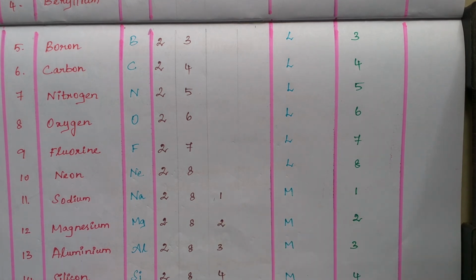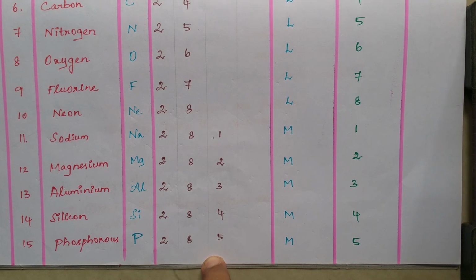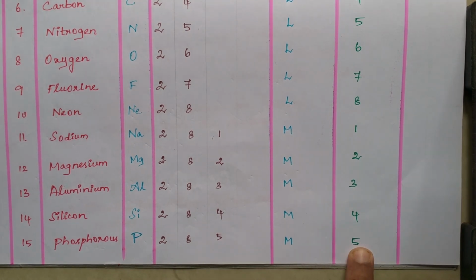Like that you have to write. Here one thing, everywhere 8 is the important term, that is octet. Whenever an atom has 8 electrons in the outermost shell, it is a stable atom. So students, up to phosphorus I mentioned here. See, 5 means valence electrons 5.